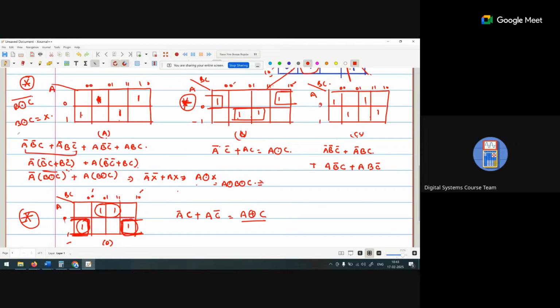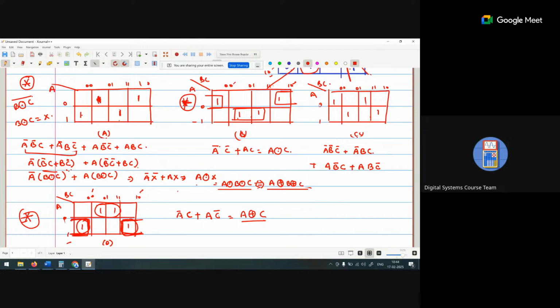So that's why I'm saying the answer is either A XOR B or A XNOR B; both will be equal. In week 4, we defined that for three inputs, A XOR B and A XNOR B are both the same for three-input gates. So that is all up to you.